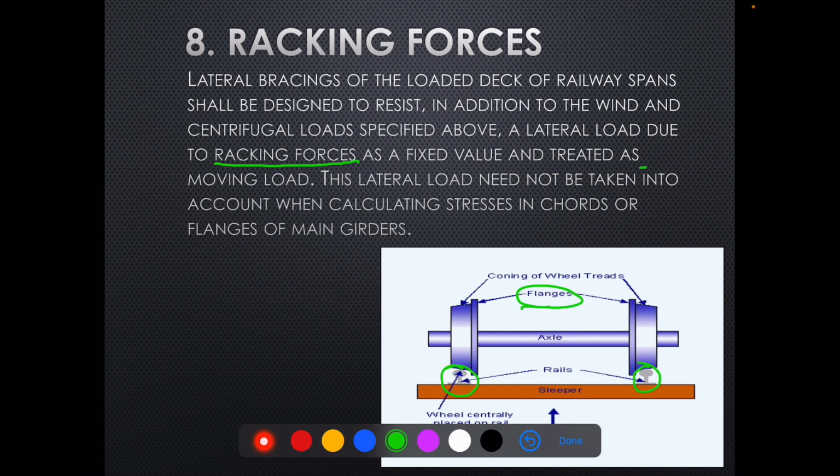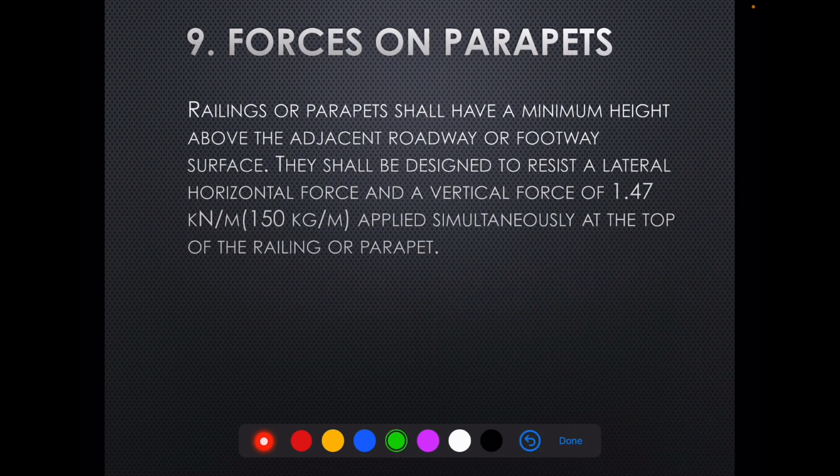During normal movement of the trains, these flanges keep on striking the rail heads and put pressure on them, and subsequently this pressure gets transferred to the bridge. So this lateral load need not be taken into account when calculating stresses in chords, top chord and bottom chord, or flanges of the main girders.